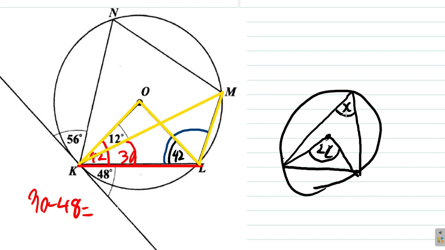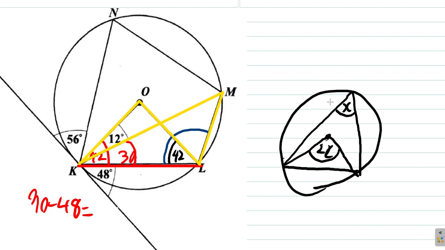So one circle theorem is that the angle subtended by a chord at the center is twice the angle subtended by the same chord at the circumference in the same segment.